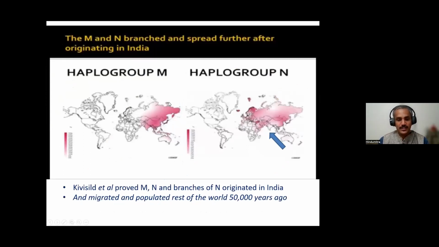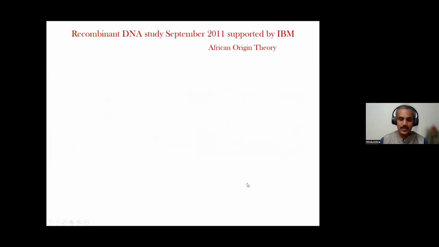Then new studies came in 2003 by Civilisation and others, which claimed and proved that M and N, the branches of the M and N lineages, originated in India.